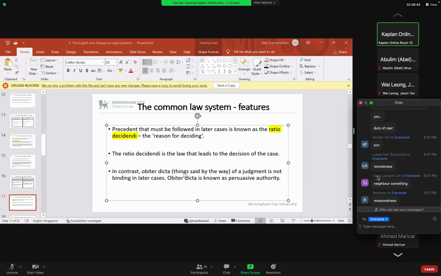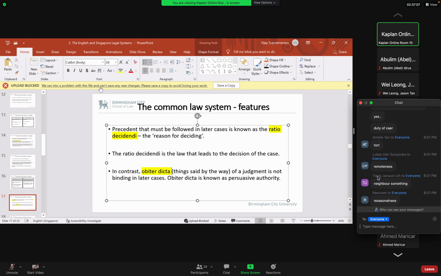If you contrast the ratio, occasionally what you can find in a judgment is the obiter dicta. So what is the obiter dicta now? Obiter dicta means these are by the way decisions.